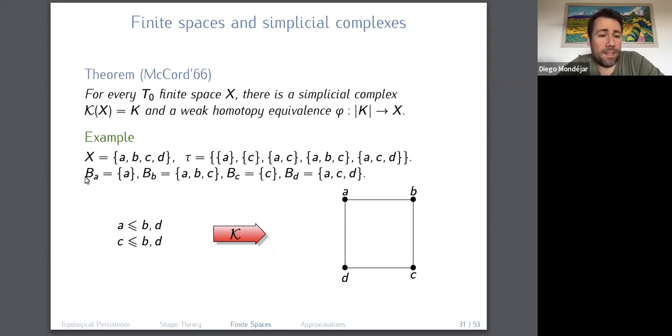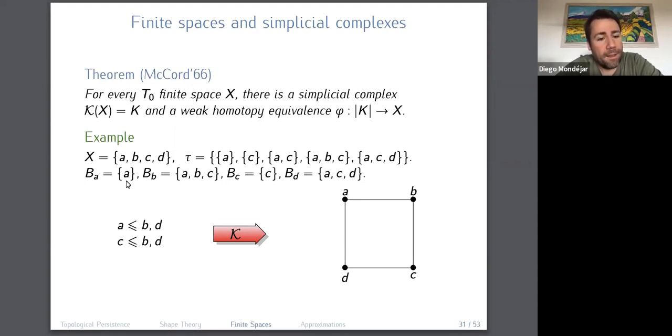Here, this is constructed just using the minimal neighborhoods. Every point in our space has a minimal neighborhood because the space is finite. So we just set the minimal neighborhoods, and the order that defines the finite space is just by inclusion.